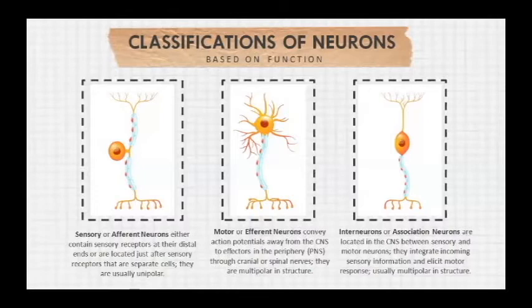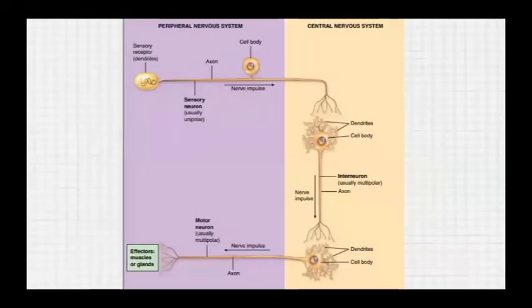So if you look at this diagram, you will see that the sensory neuron and the motor neuron can both be found under the peripheral nervous system, while the interneuron is the only one that can be found under the central nervous system. And the sensory neuron is connected to the interneuron, and that interneuron is connected with the motor neuron.